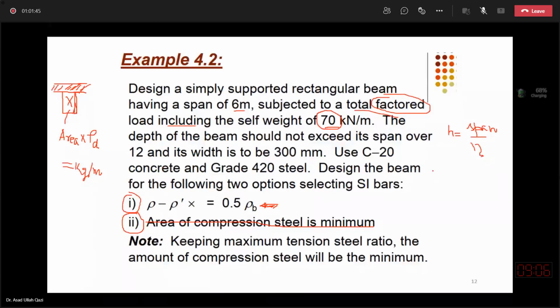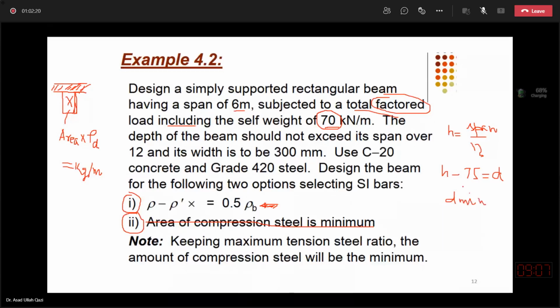That gives us one reflection: if my D minimum will exceed this given H, because from this H, obviously I will subtract the cover and I will get the D value. Suppose I assume the cover 75, so H minus 75 will give me the allowed effective depth from the architect.